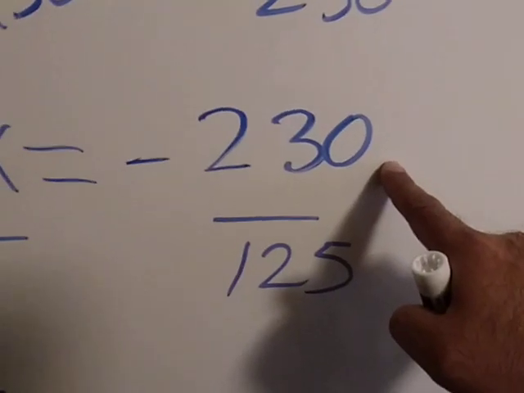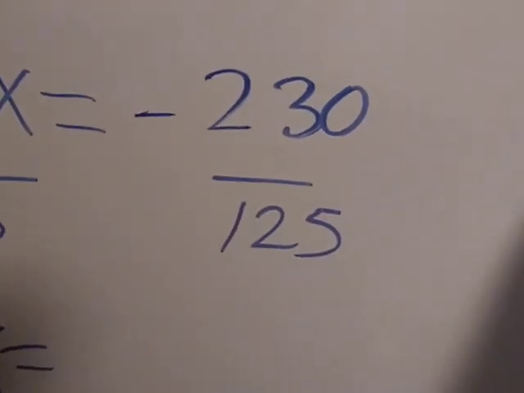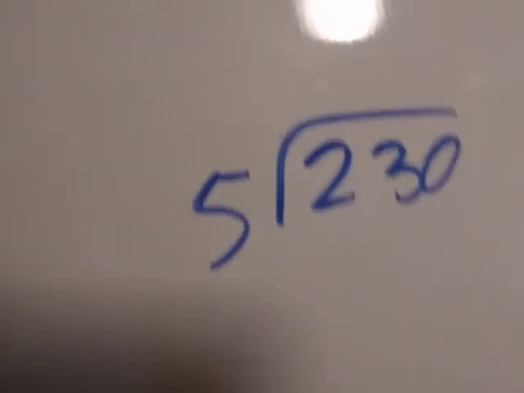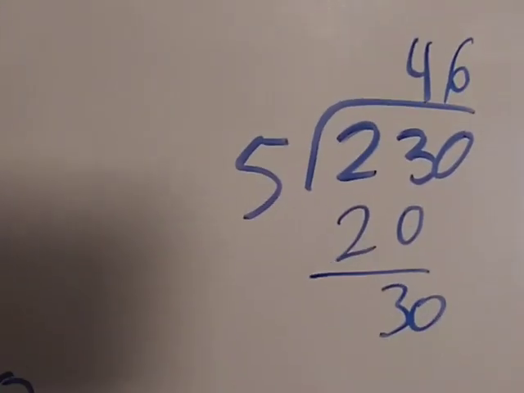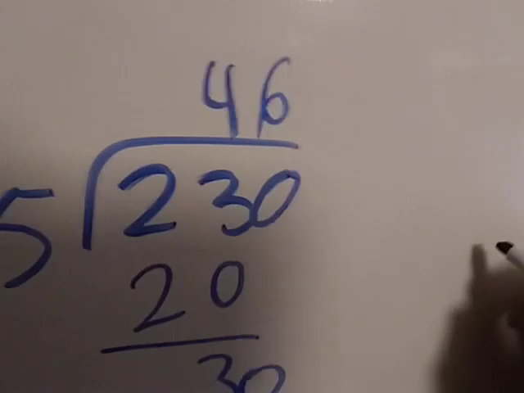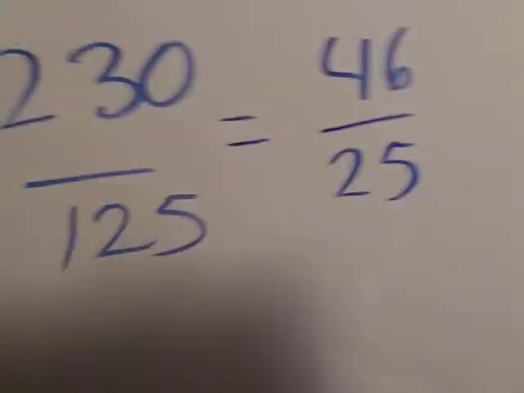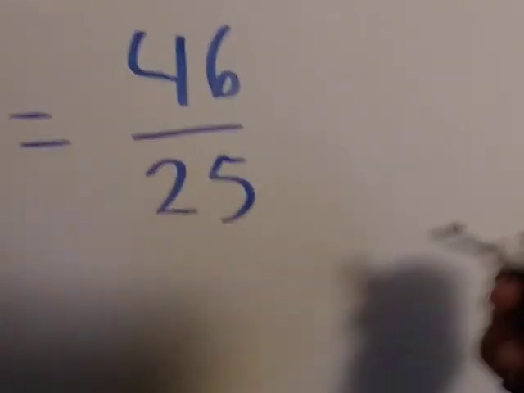It could be divided by 5 on both sides, so let's divide by 5 to simplify it. So that gives us 46 over 25.